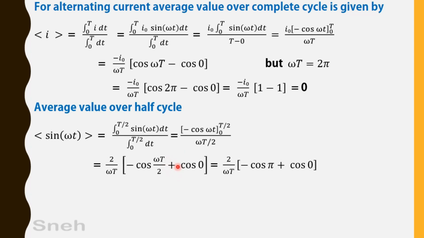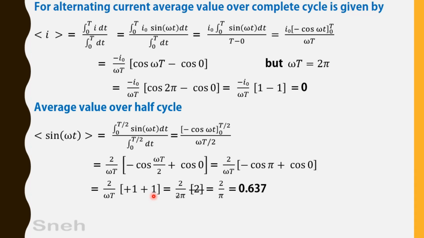Here we can write this as 2 upon omega T in bracket minus cos pi plus cos 0. What is the value of cos pi and cos 0? Let's substitute these here. The value of cos pi is minus 1, so minus 1 into minus gives plus 1. Cos 0 is plus 1.